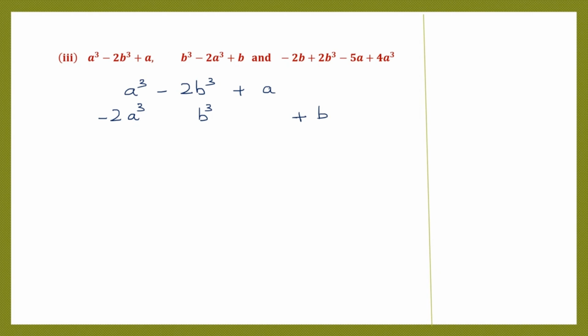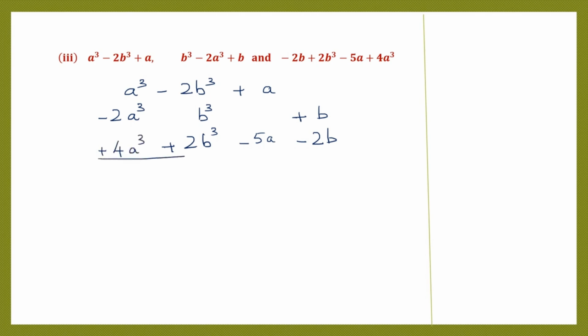Now the next lot, minus 2b. So we put it under b: minus 2b plus 2b cubed. So we have it here. Minus 5a. So this should come here: minus 5a plus 4a cubed.